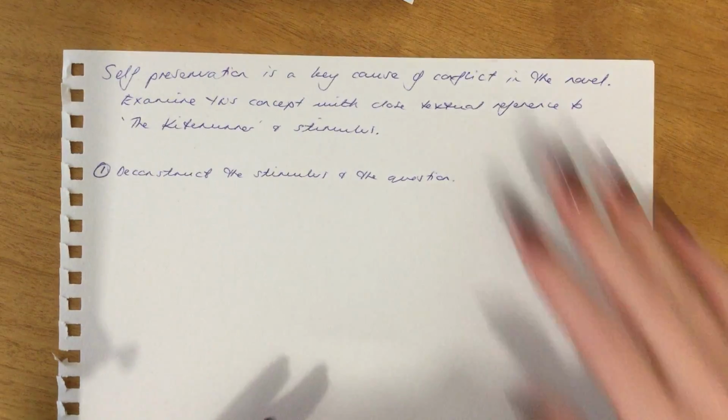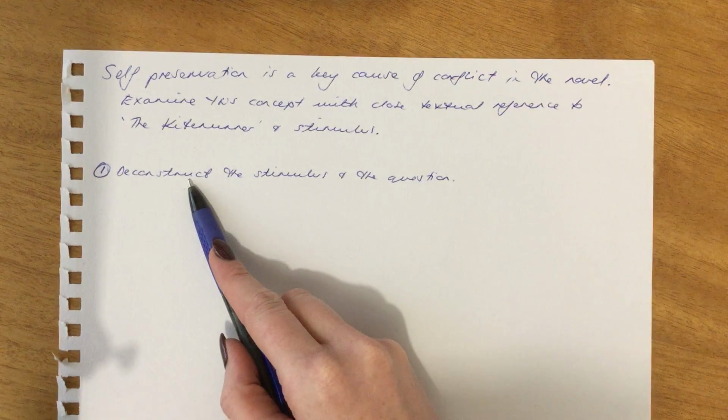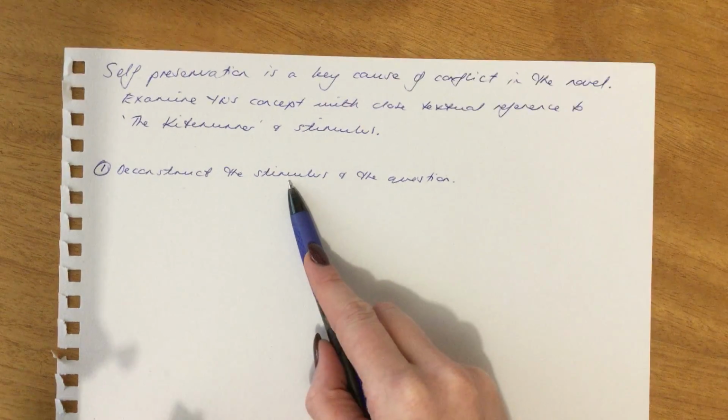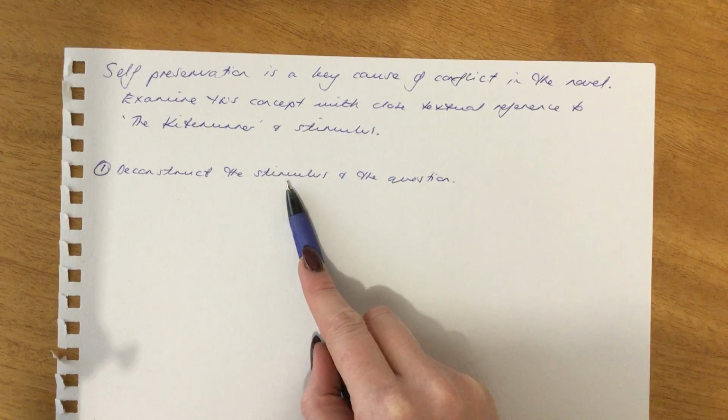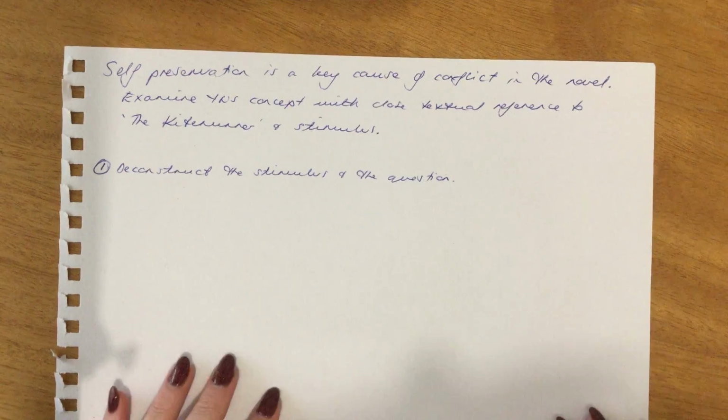So guys, the first step that you want to be doing for any preparation, whether it's a practice essay or your exam, is deconstructing the question and, of course, the stimulus page in this case. First, get your trusty highlighter and highlight key terms or phrases in the question.